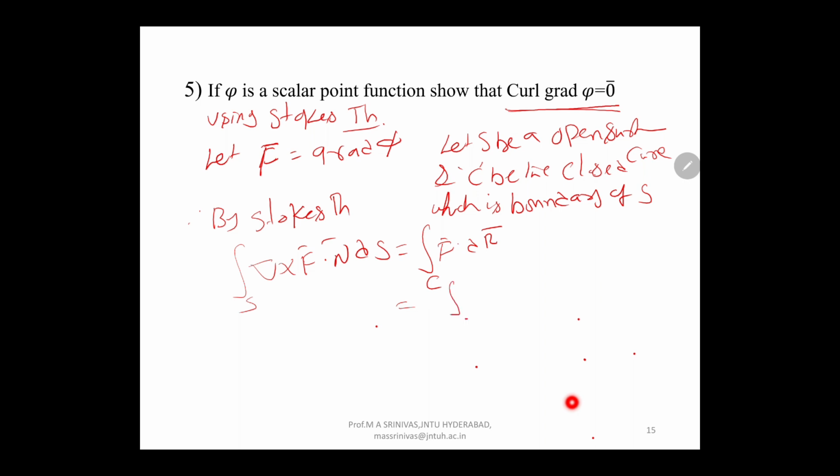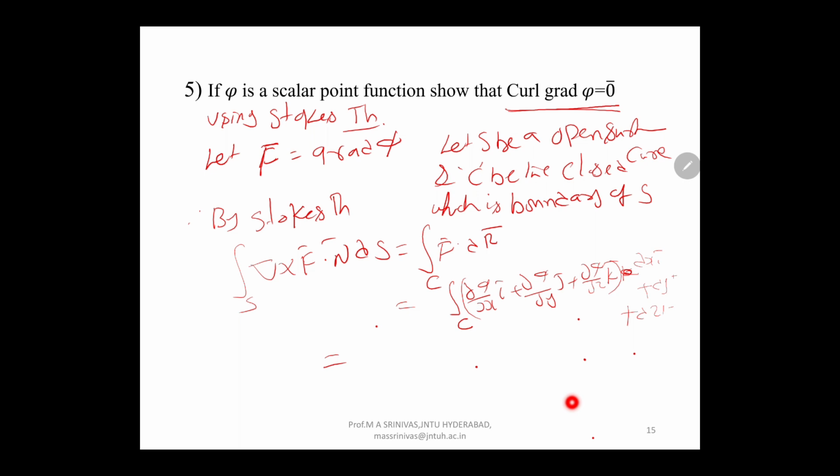Now, for the integral over C, f bar I have taken as grad phi. What is grad phi? Gradient of phi is dou phi by dou x into i bar plus dou phi by dou y into j bar plus dou phi by dou z into k bar. Carefully follow this. What is dr bar? dx i bar plus dy j bar plus dz k bar.